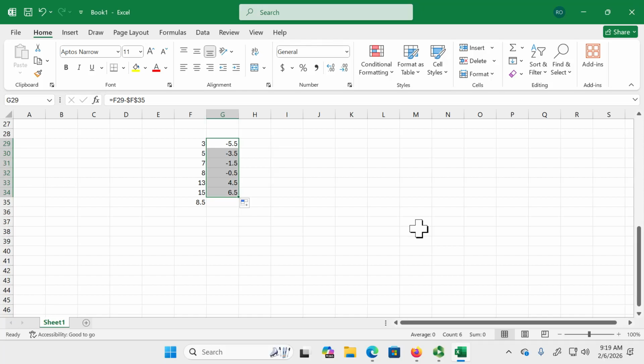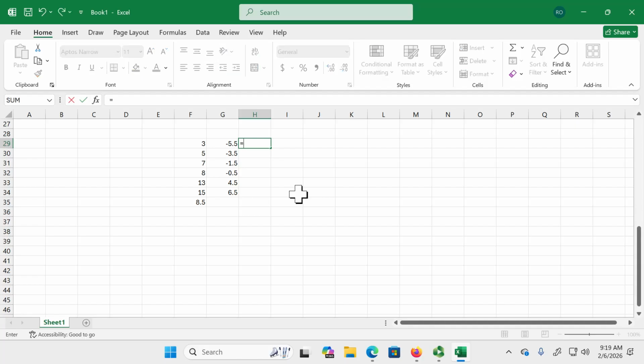What we need is the square of these numbers. So go to the side beside the 5.5 and square it. Equals, click in there, and then square is the caret above the 6 on the keyboard, and 2. But then we square those things.